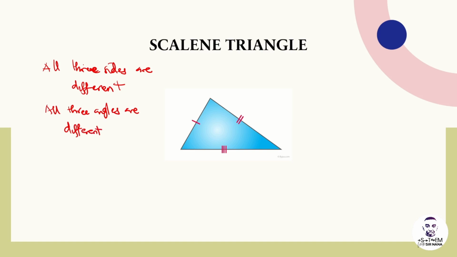So a triangle can be scalene if we can have probably one side to be 70 degrees, another side to be 60 degrees, and another side to be 50 degrees. The sum of the three should add up to 180 degrees. This is different, this is different, this is different. We can call these sides A, B, and C. And then we can say that algebraically, A plus B plus C should be equal to 180 degrees. So that is a scalene triangle.